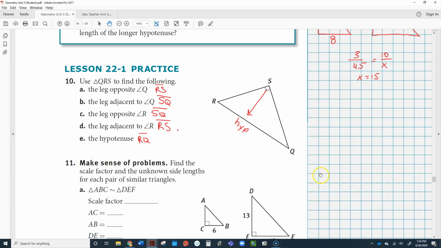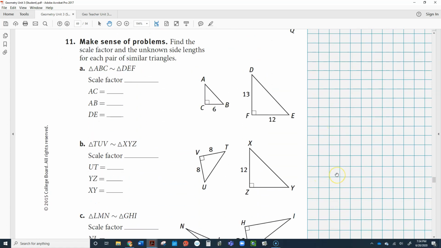Okay, now let's see if we can make sense of this. We've got scale factor questions and find missing parts. Pay attention to the order in which things are listed. That's going to tell you where to get your scale factor from.